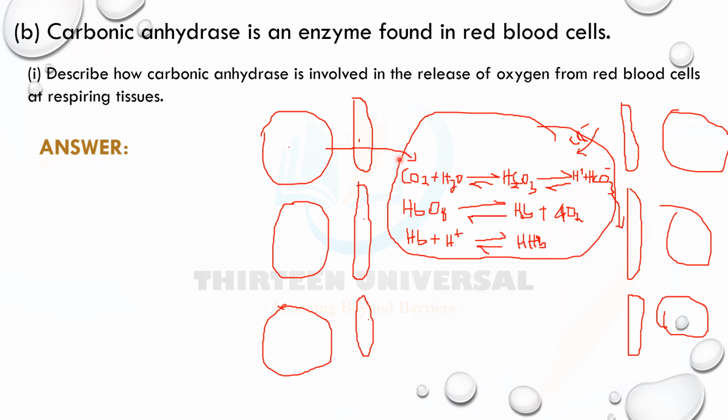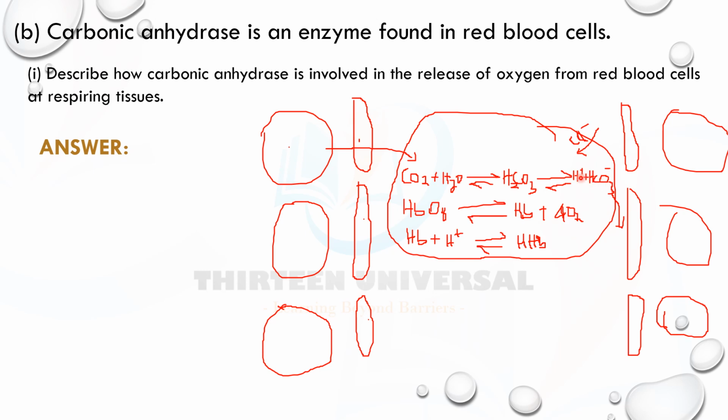Okay, so what is the role of this here? I've said it. It catalyzes this reaction. This is where carbonic anhydrase plays a role, both forward and backward. It helps this to bind to this in order to form carbonic acid, which then forms hydrogen ion and hydrogen carbonate ion.